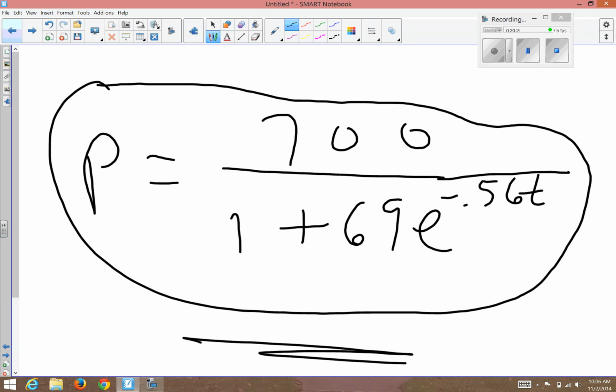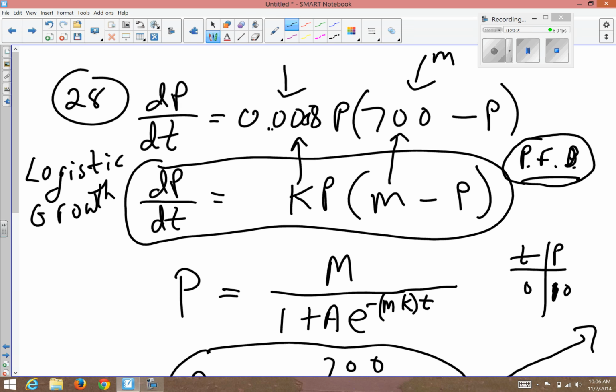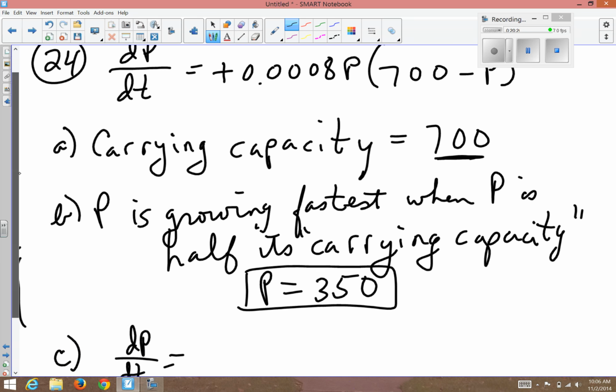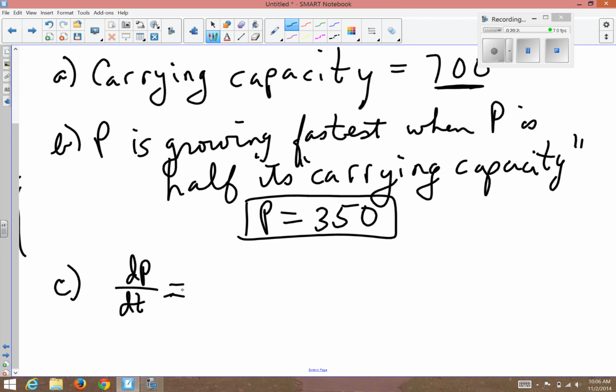I don't know why I have that negative sign there. There's no negative sign. The rate at which p is changing is 0.008 p times 700 minus p.